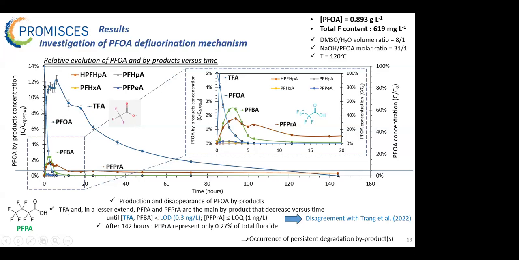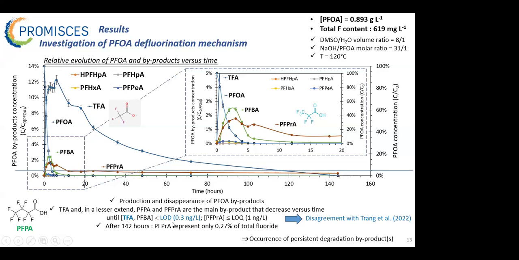So TFA, and to a lesser extent, PFPrA, which are those molecules, are the main byproducts that decrease versus time until TFA and PFPrA concentration reach a concentration under the limit of detection, and PFPrA reaches the limit of quantitation. So that was the first disagreement with Trang et al.